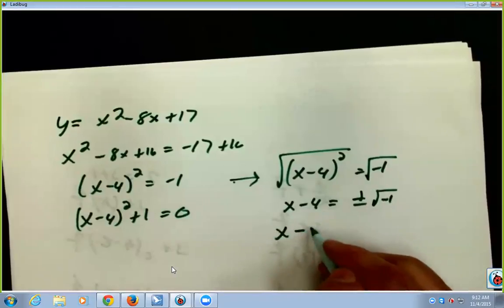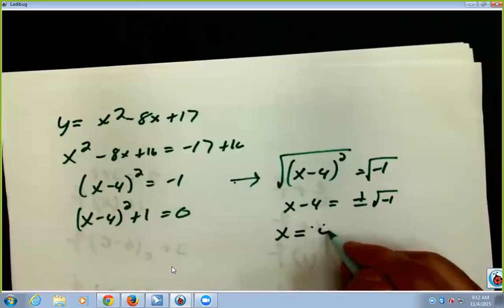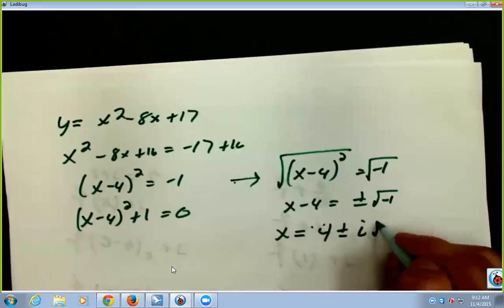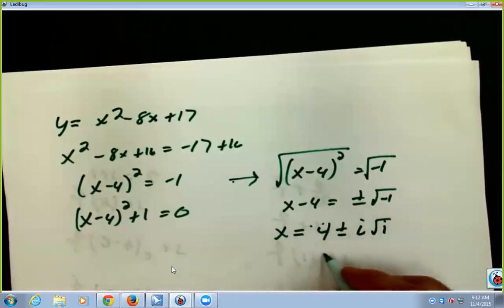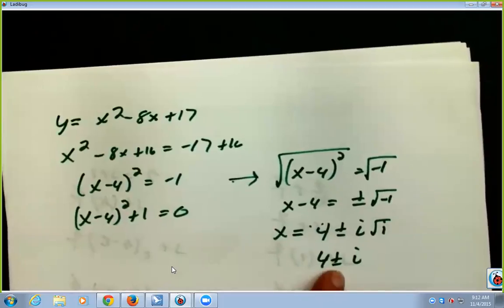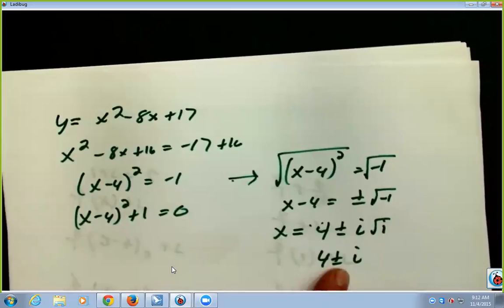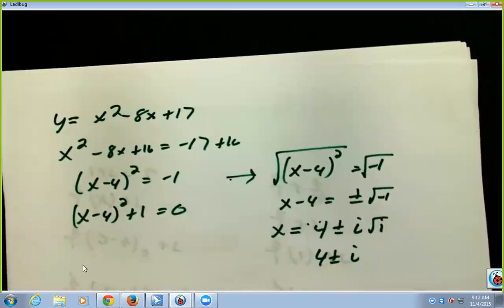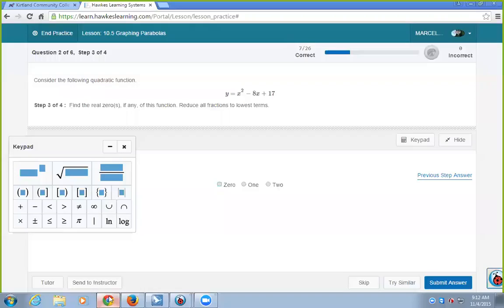So when I do that, and I move my 4 over, and I get an i, the square root of 1, or 4 plus or minus i, what does that tell me? And this is going back to another section. So the other section was when I had this, I had how many solutions for zeros? I had none, or 0 of them. So I would have to say I have 0 because I get an imaginary part.